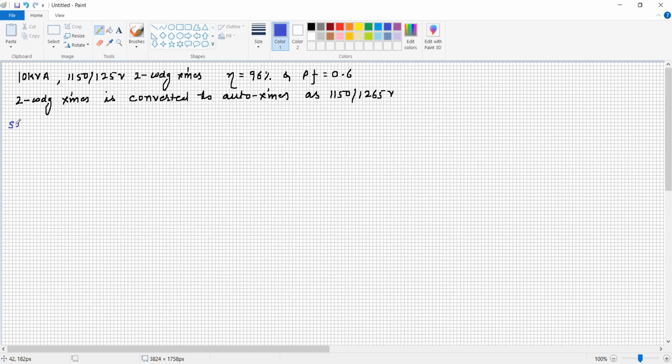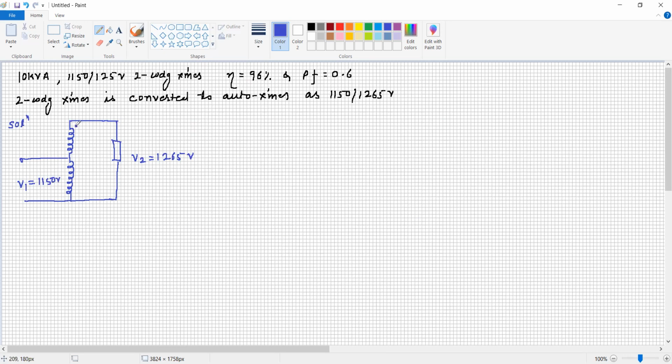First we will draw the equivalent diagram. So this is the auto transformer. This is V1 and secondary voltage V2 is equal to 1265 volt and V1 is equal to 1150 volt.